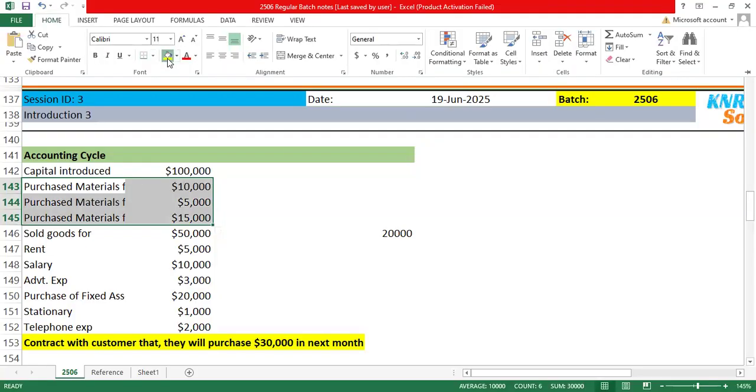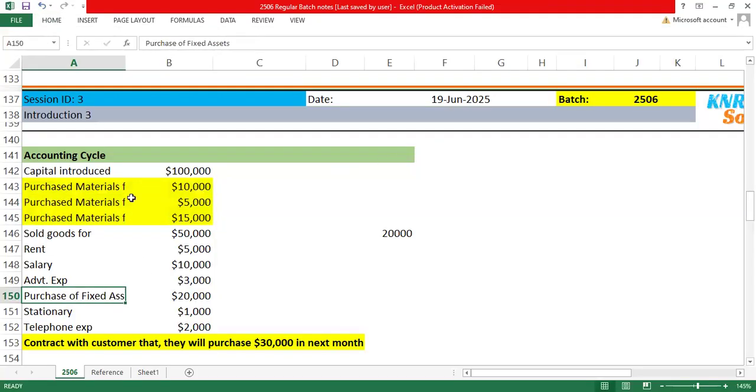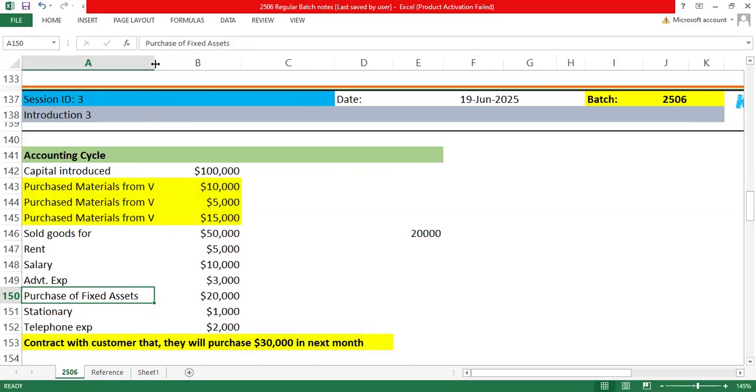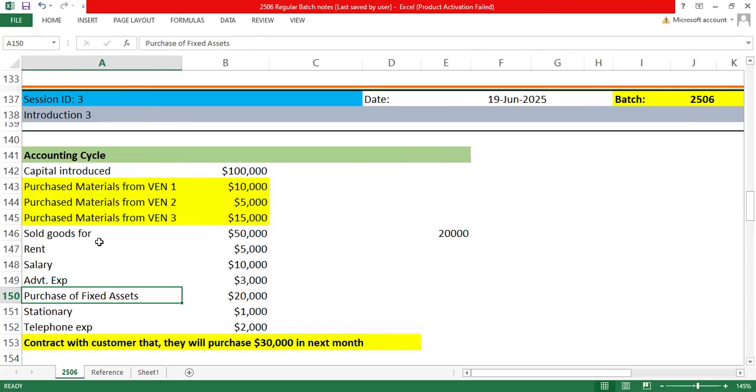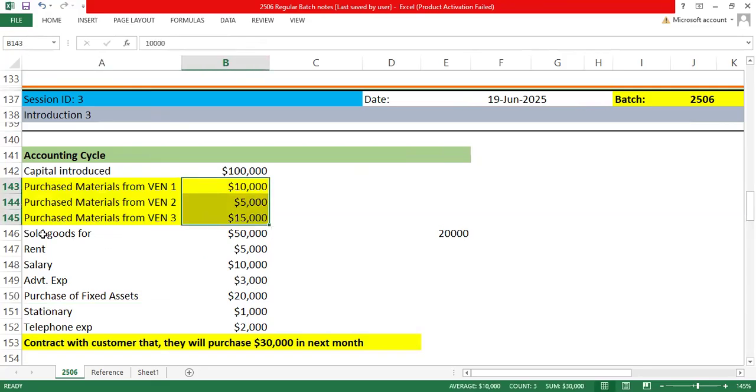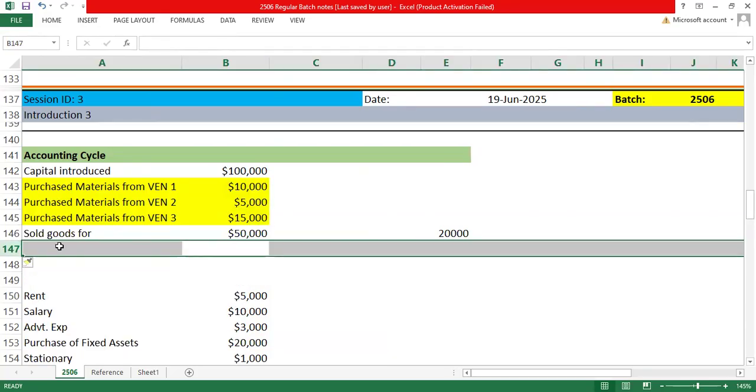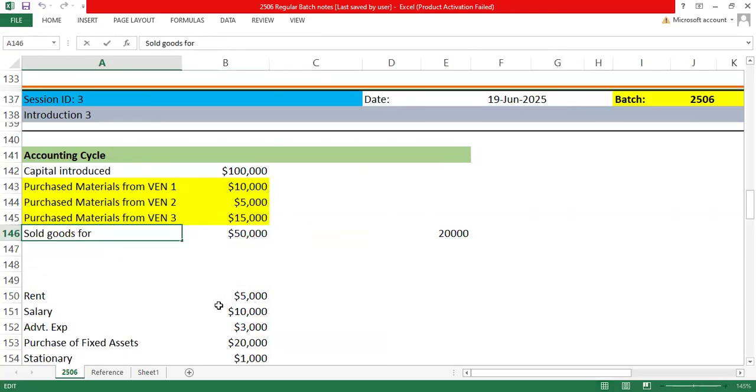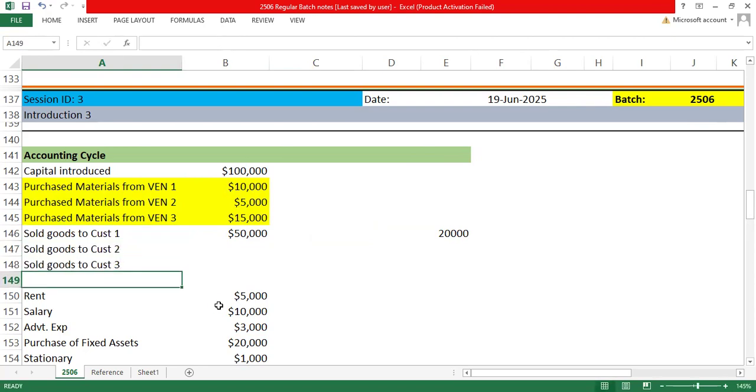That is what we need to check. Now you need to summarize the sales too. Whenever I say sold goods for 50K, it might be multiple customers again, not just one customer. Goods sold to customer 1, customer 2, customer 3 and customer 4.